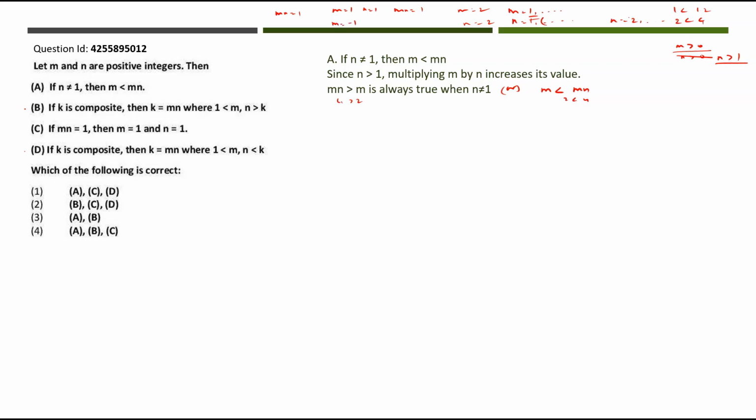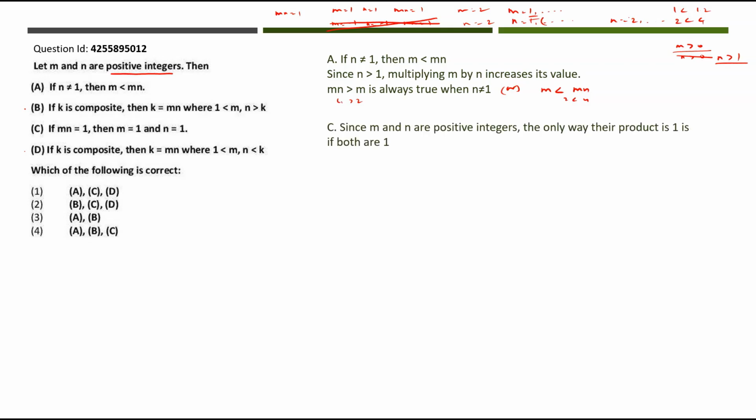When you have m is equal to minus 1 and n is equal to minus 1, in that case also you will have mn is equal to 1. But here they have mentioned m and n as positive integers, which will eradicate this particular possibility. So the only way to get m into n as 1 will be m is equal to 1 and n is equal to 1, which is perfectly true.